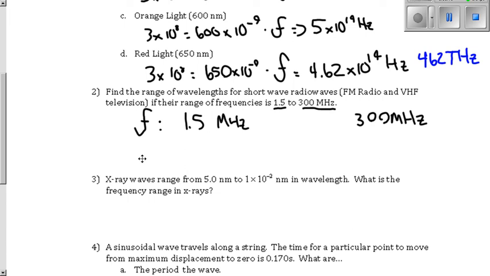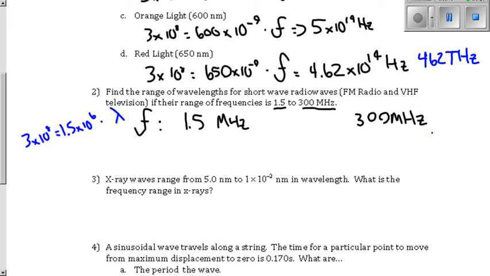So if we take a look, going into 1.5 megahertz, 3 times 10 to the 8th is going to equal 1.5 times 10 to the 6th times our wavelength.